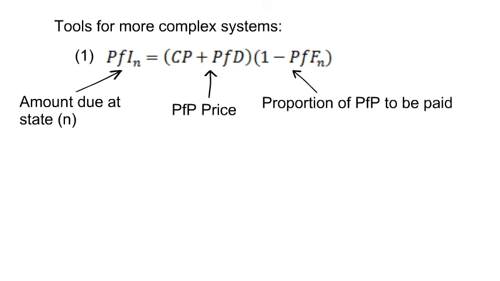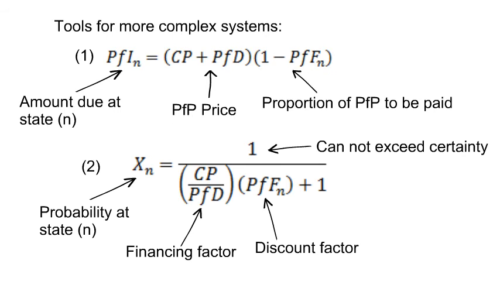The following relations may be used to figure out PFD amounts, probability, discount factors, and prices for particular payment state. The first relation shows what amount is due at payment state N, given discount factor PFF. The second equation relates to probability xn of attaining payment state N, given PFF.